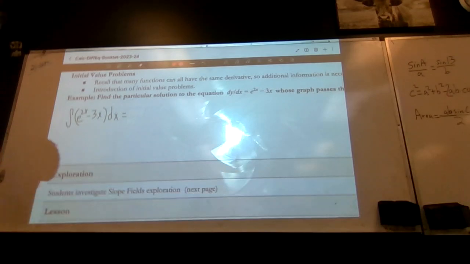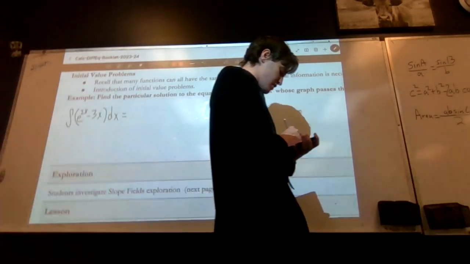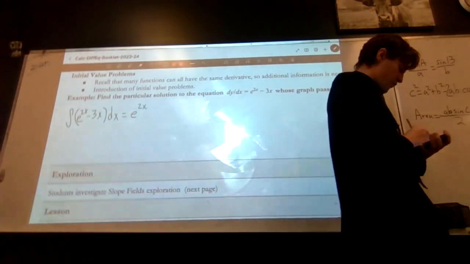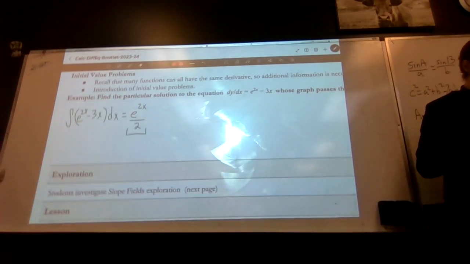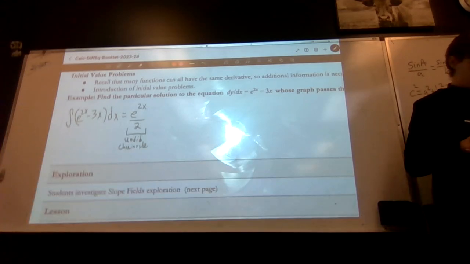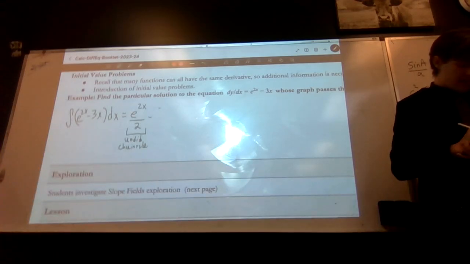So we would get e to the 2x over 2. What we did here is we undid the chain rule. Minus 3x squared divided by 2, which we call the reverse power rule.